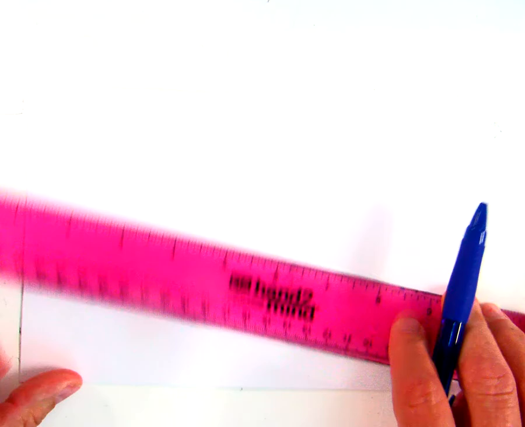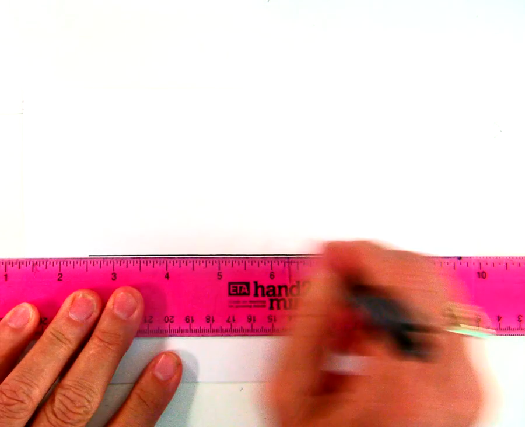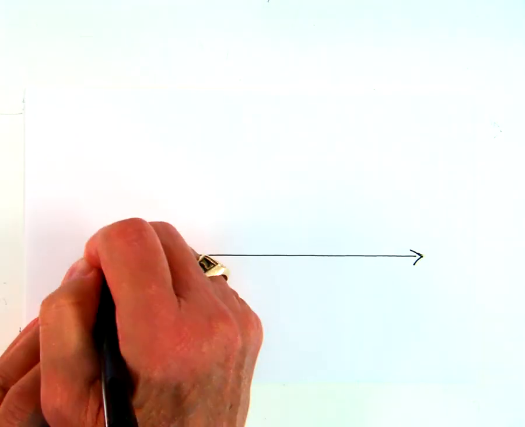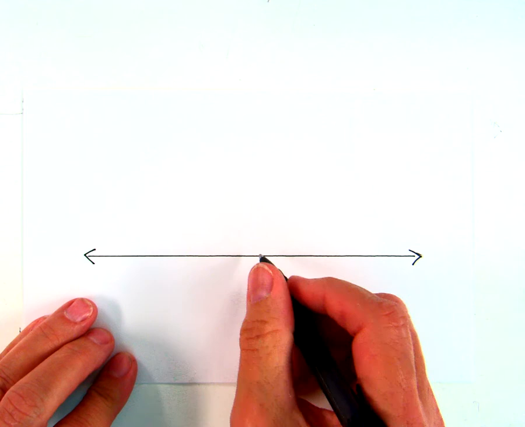Okay, let's talk about distance. Let's say I've got a line, and this line is Glenmont, the street right out here.